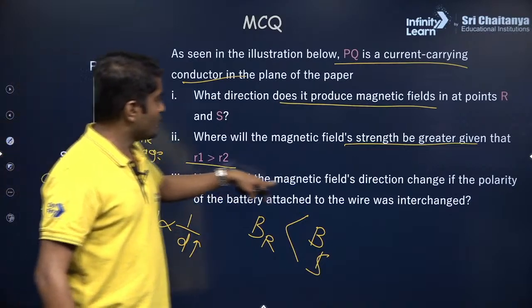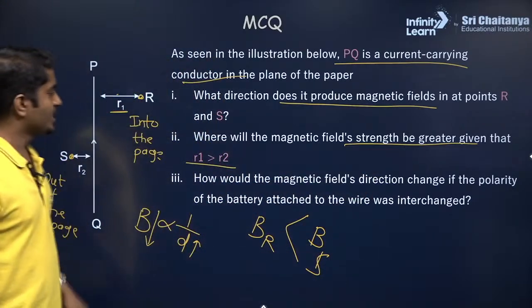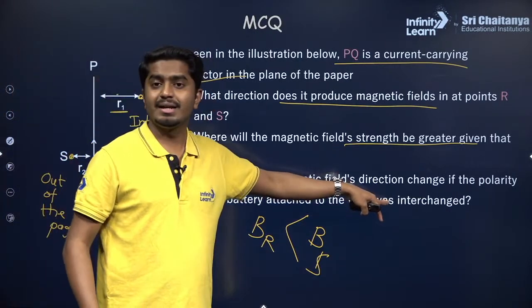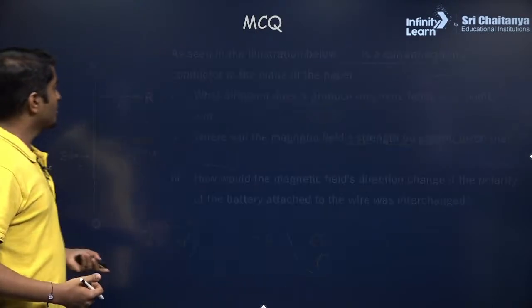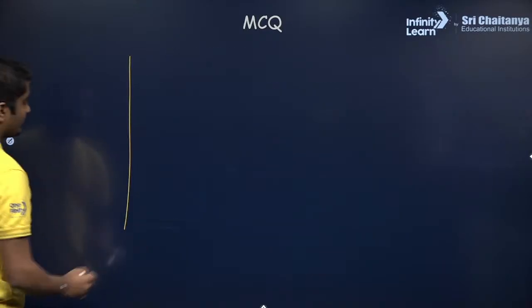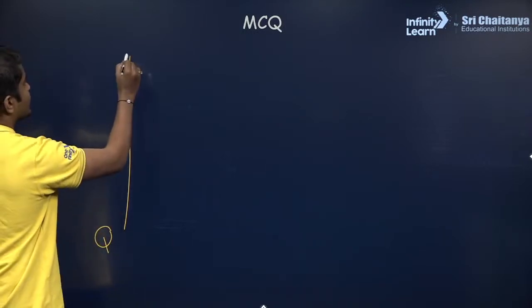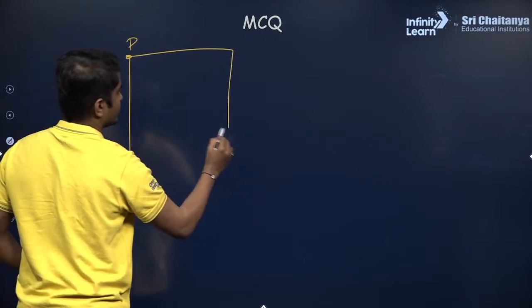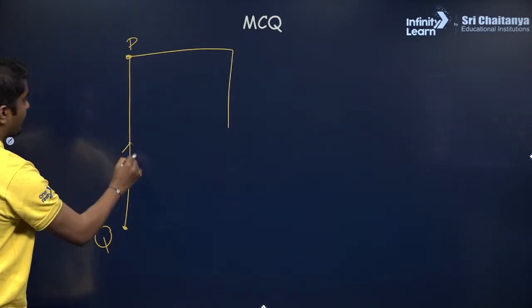Third, how would the magnetic field's direction change if the polarity of the battery attached to the wire is interchanged? So now let's suppose this is the wire. What wire was it? QP. This is Q and this point is P. So there is a battery attached to it. So the current direction was going up.